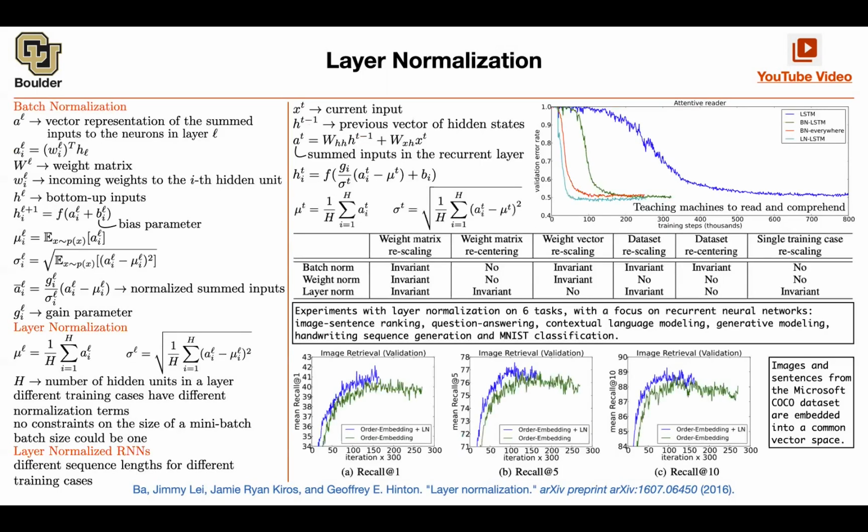The observation that we're going to start with is that when it comes to recurrent neural networks, or in general data that are sequential, like sentences or speech, you're going to have different lengths for your input sequence. Some sequences are going to be shorter, some longer.